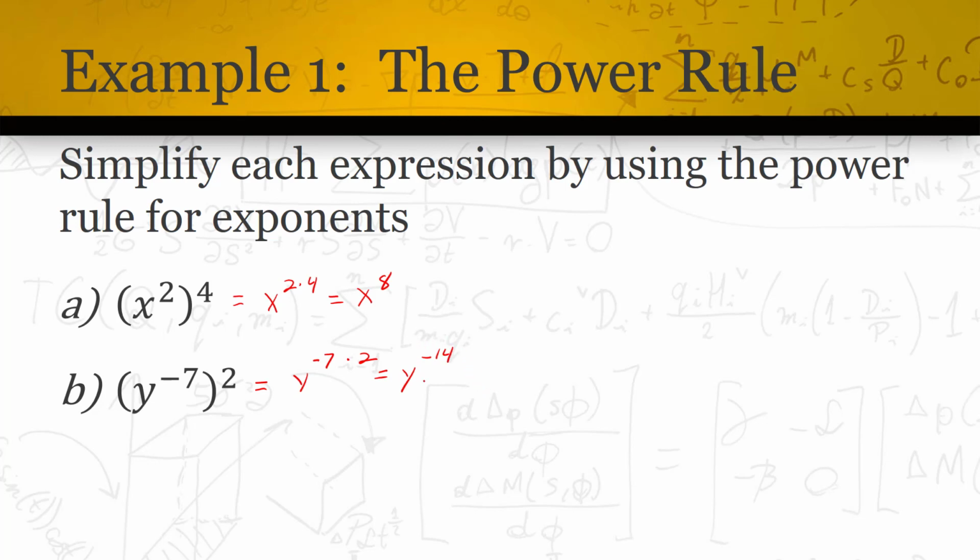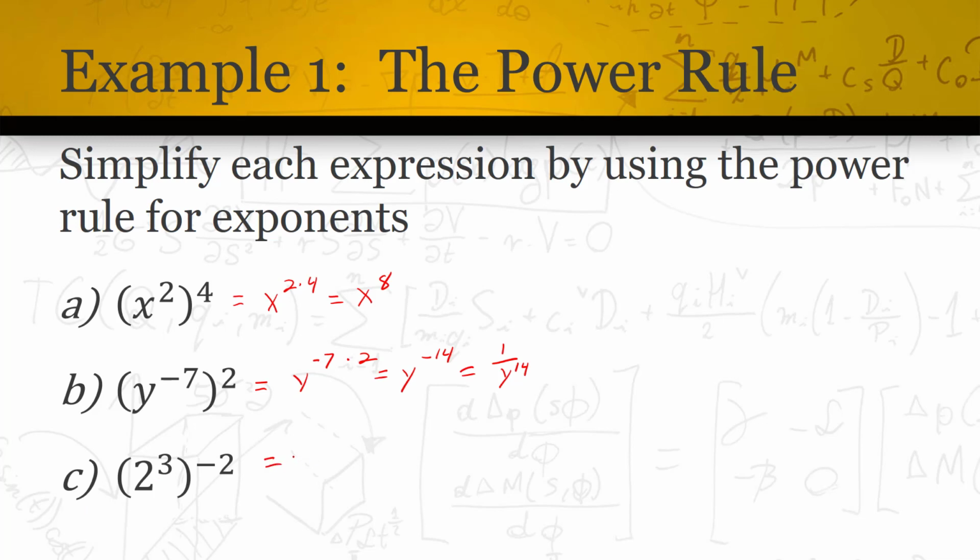Well, of course not, because we have a negative power up here, and we don't like negative powers. Well, you might like negative powers, but I don't. So we need to rewrite this as 1 over y to the 14th. And once we have it in terms of a positive power, we are good to go. And then the last in this section is 2 cubed raised to the negative 2nd power.